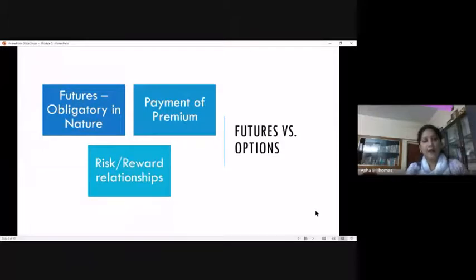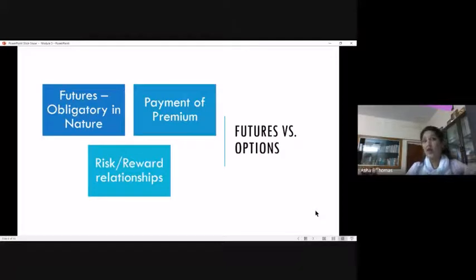And the primary difference between futures and options is that in the case of futures, it is an obligation. If Mr. A and Mr. B enter into a contract where Mr. A has agreed to purchase 100 shares of HUL at 2,350, and Mr. B has agreed to sell it, then there is an obligation on both parties.